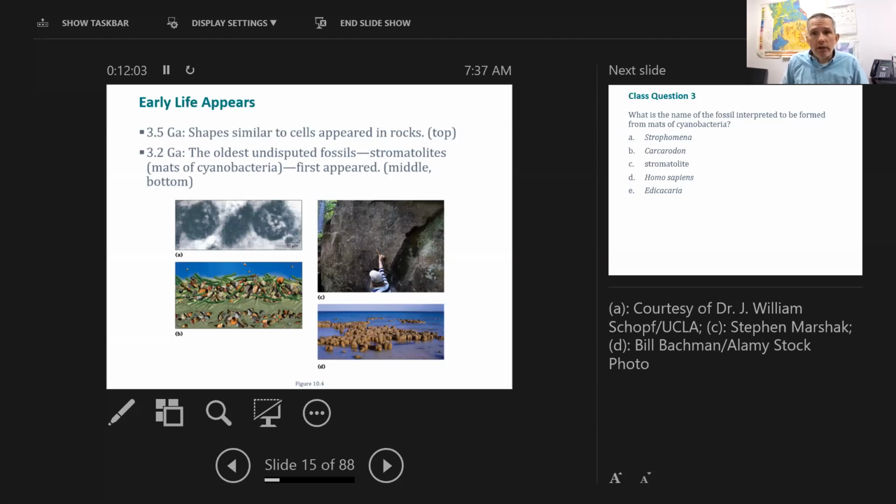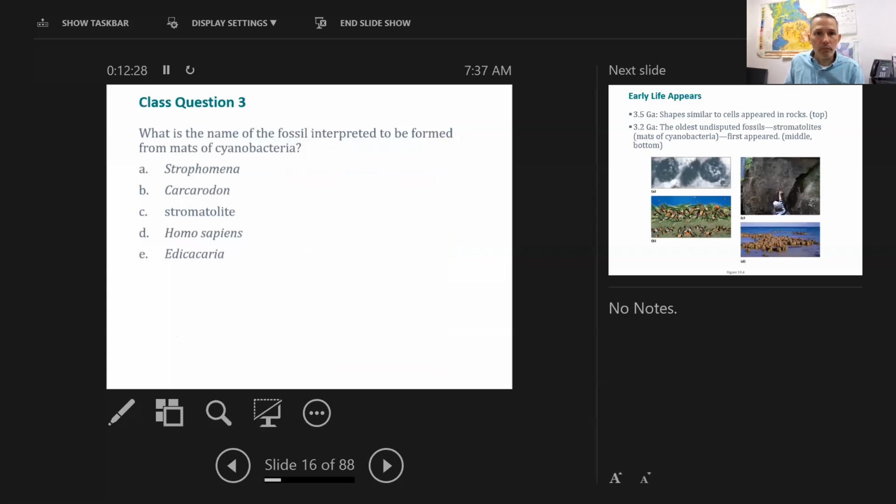We are eukaryotes, and we have, again, clearly defined nuclei in our cells. So these were not very evolved life forms, but they are very, very important to life on Earth, because these cyanobacteria are the first life on Earth. And so, again, found in those stromatolites.